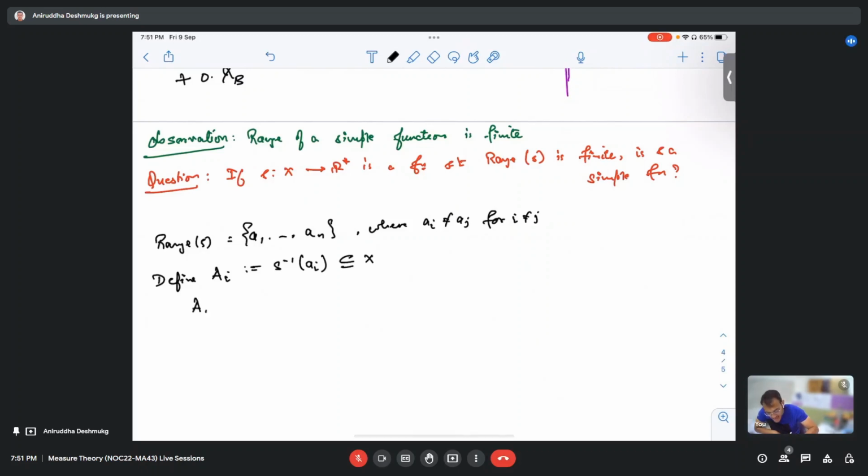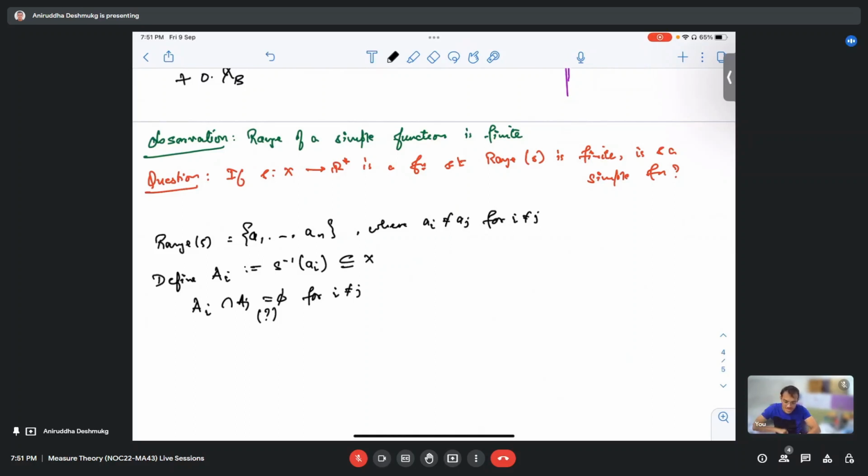And is this AI intersection AJ empty for I not equal to J? Yes, sir.